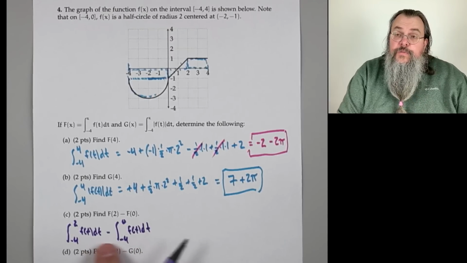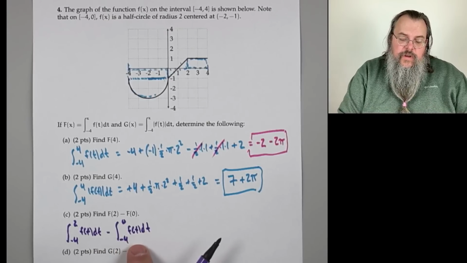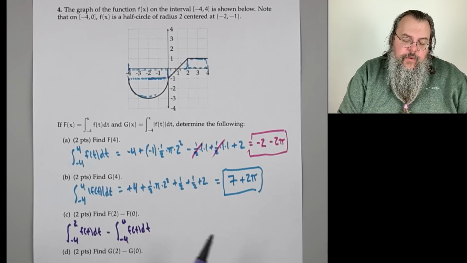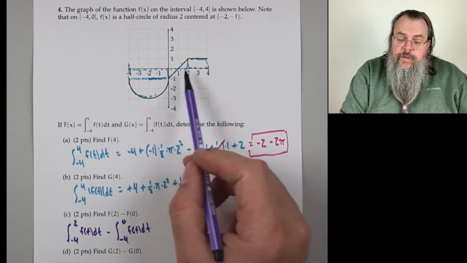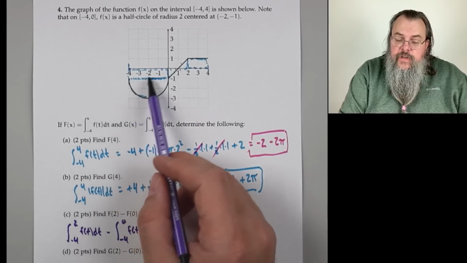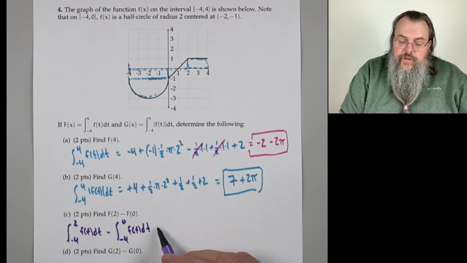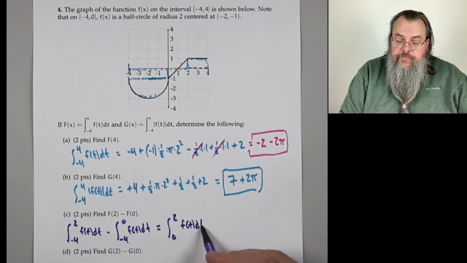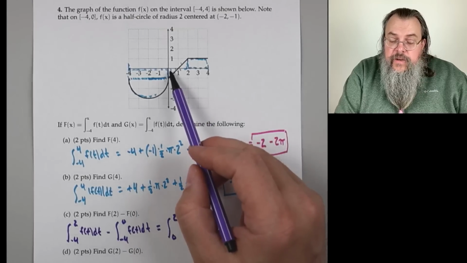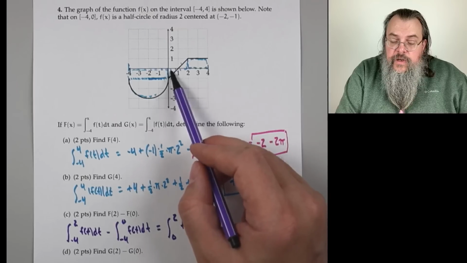Now, here we can use properties of integrals to say, oh, well, what are we really doing? We're taking the integral from negative 4 to 2, but then we're subtracting out the integral from negative 4 to 0. This is the same as going from 0 to 2 of f of t dt. And we say, okay, going from 0 to 2, what do we see?